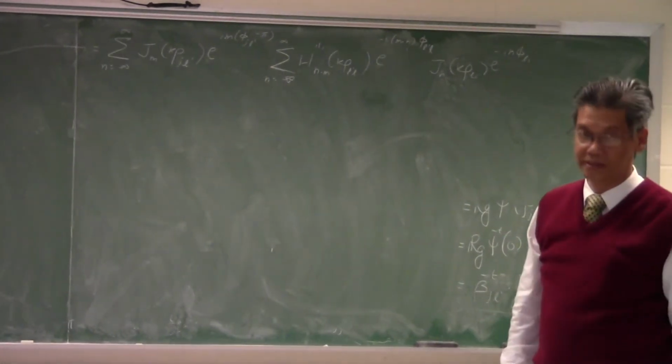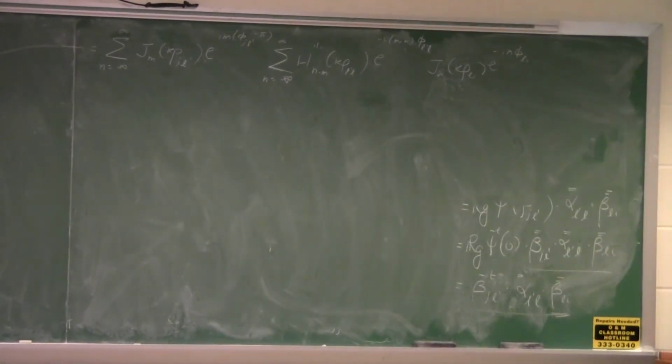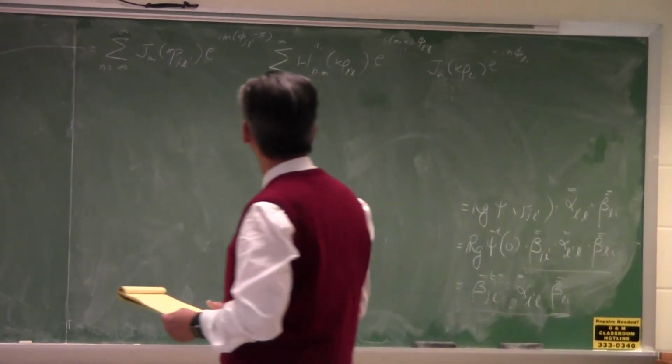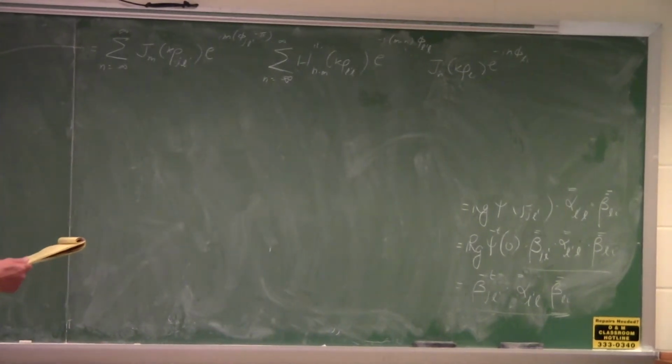If I write it out explicitly, this is how it looks. Rho Li is this distance over here.